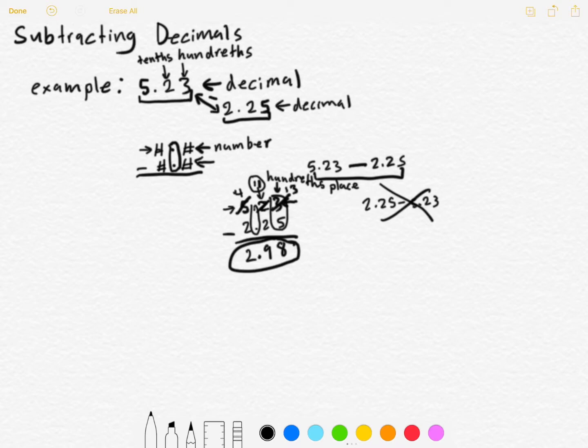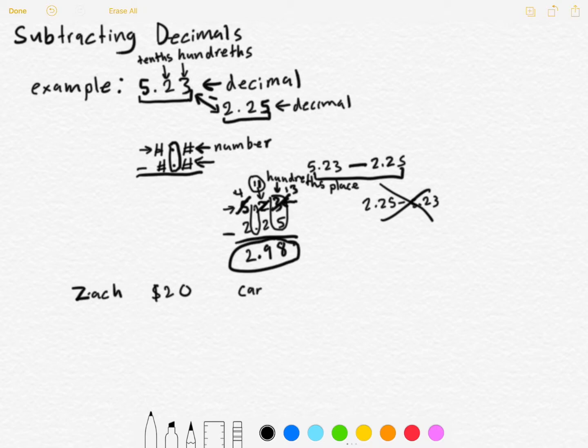Now, let's do a real-life word problem. Let's say there's a boy named Zach. And he has $20. But now, let's say that Zach goes to the candy store and he wants this candy that costs $5.25.